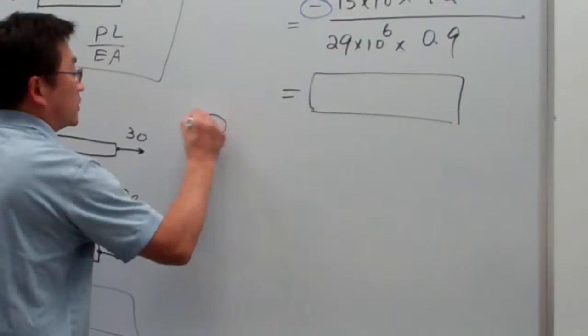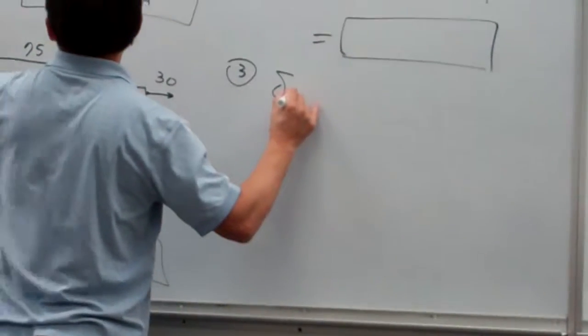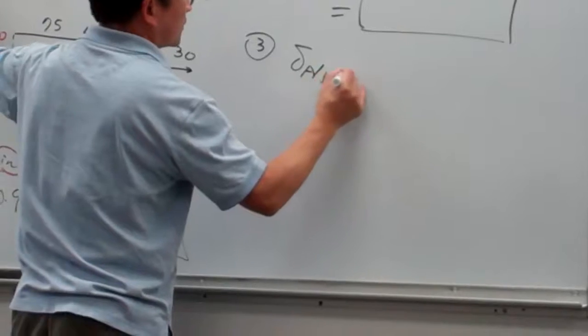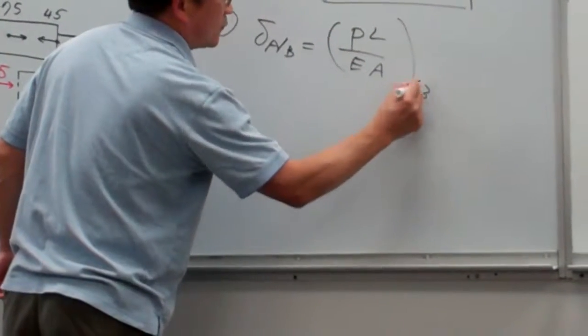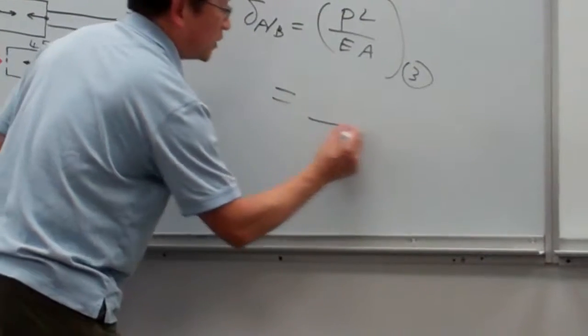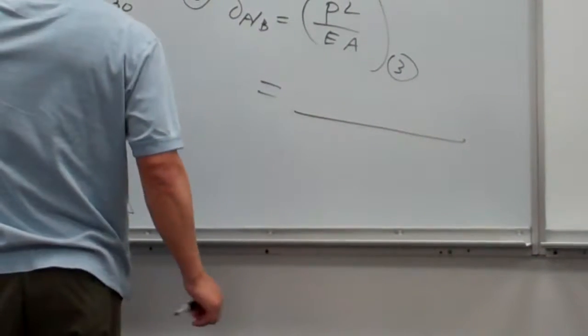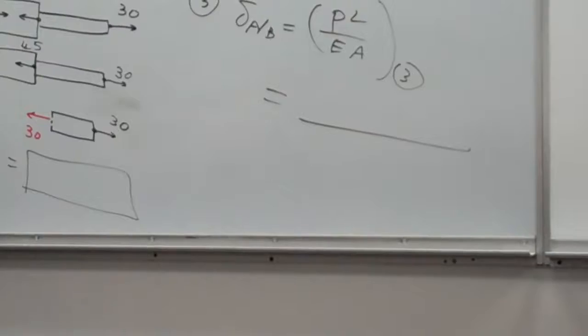For the third one, that is A relative to B. That is PL over EA. I can write it up quickly now. P for the third segment is 30,000.